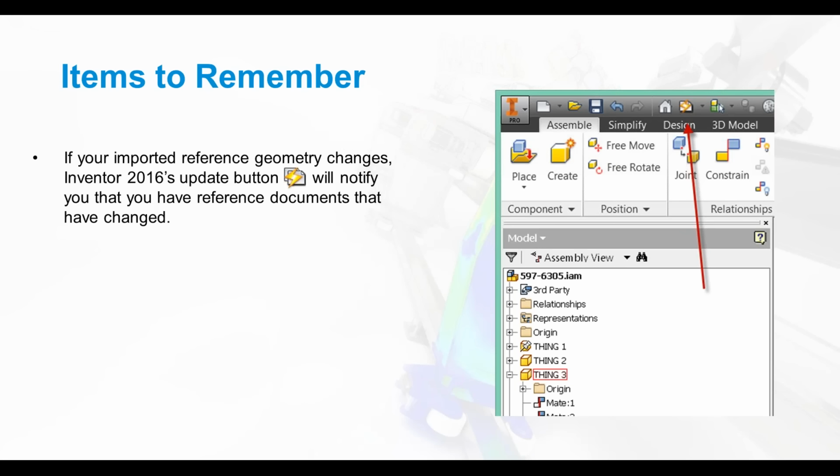When we reference them in and they change, the update button will highlight, and this will allow you to just click on the update, and that will update your underlying files. So it makes it pretty easy in a real-time mixed environment.